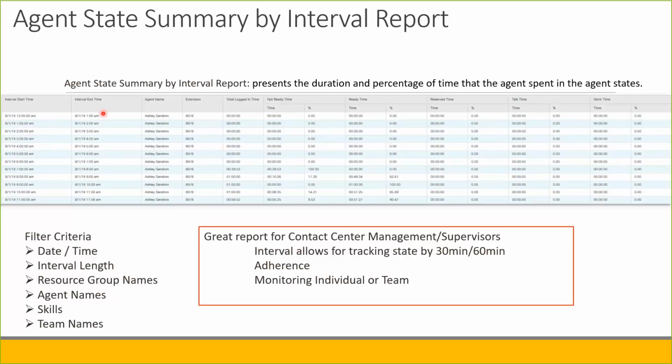So it can be a very granular level report, or it can also be a high-level summary, quick view report. So that's why I like to include this one, because there's a lot of functionality built into it, and it can be used in many different situations.